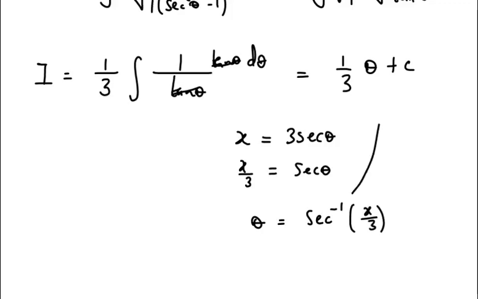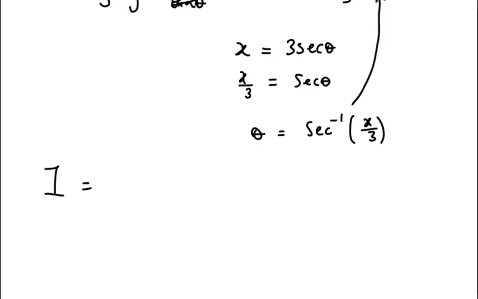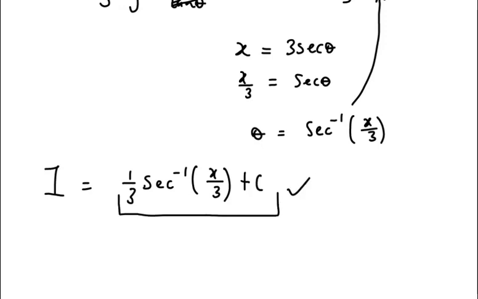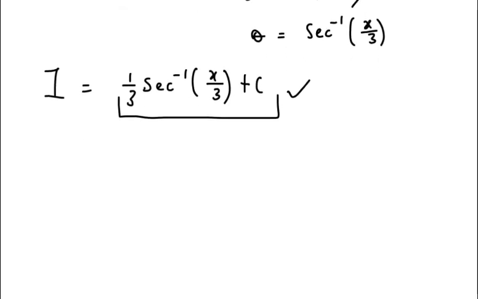So we substitute this for theta here, and boom, we have our solution. I is going to be equal to 1 over 3 multiplied by the inverse secant of x over 3 plus c. So this right over here is our solution. Now let's go to our second method.